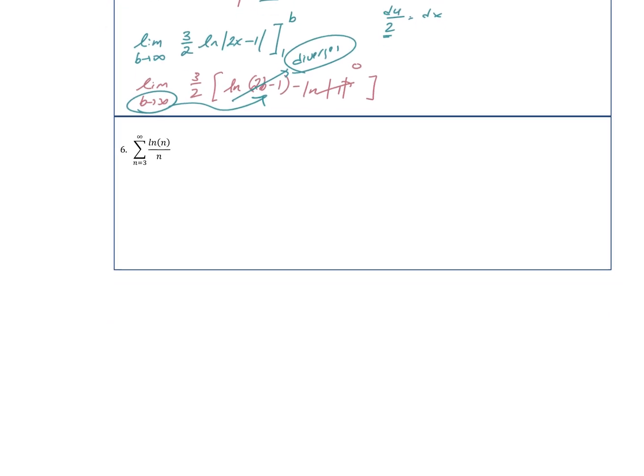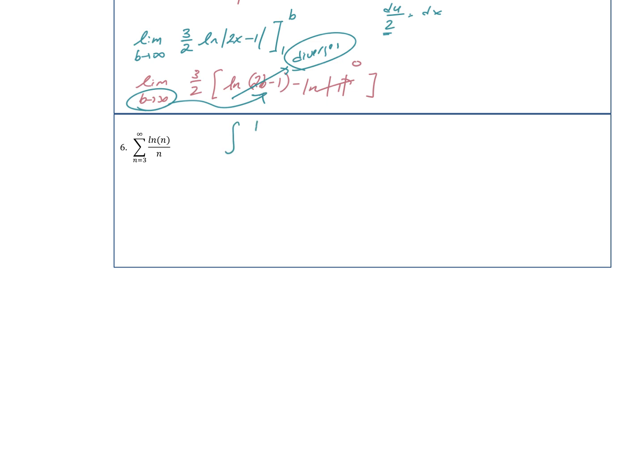For number 6, I'm going to rewrite this. We get ln of x over x from 3 to infinity. I'm going to do it as a u sub, so u is ln of x. du is 1 over x dx, then x du equals dx. So we've got the limit as b goes to infinity, u over x, this is dx up here.